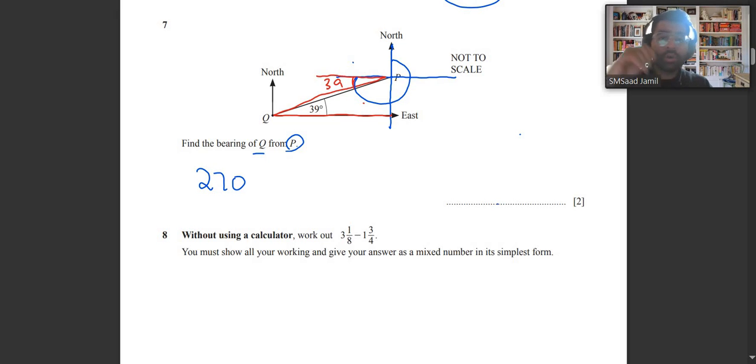But we are not going all the way up here. We are just coming up until here. So we will subtract this from 39. So your answer will be 231. Since we don't have to go all the way up there, we just have to stop here, 39 degrees less from 270 actually.